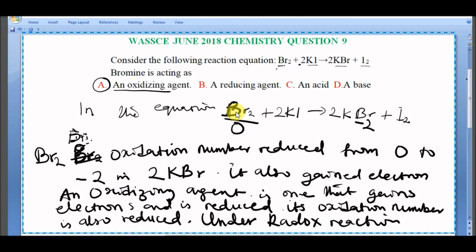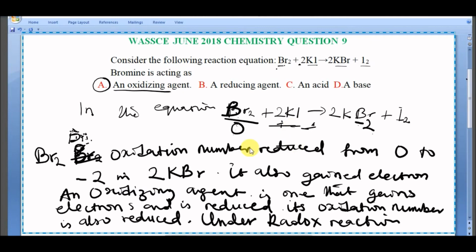You know that for a molecule on its own, the oxidation number is normally 0. Now if you calculate the oxidation number of bromine in this very compound, you find out that it's -2. So when moving from the reactant side to the product side, you see a reduction in the oxidation number from 0 to -2.